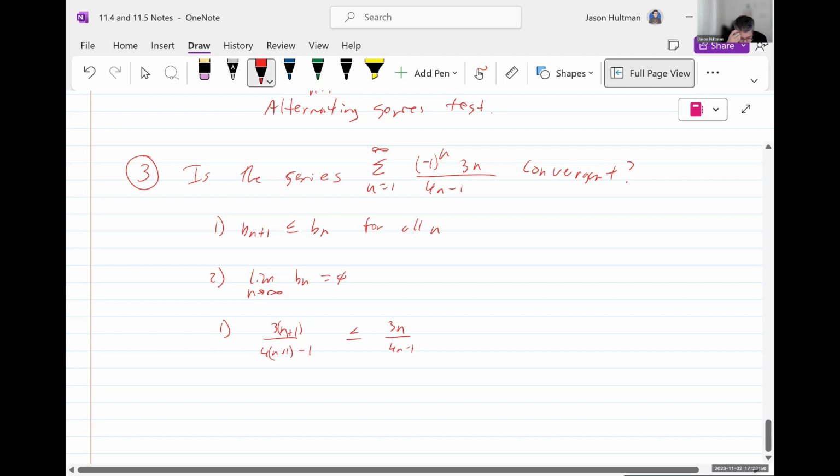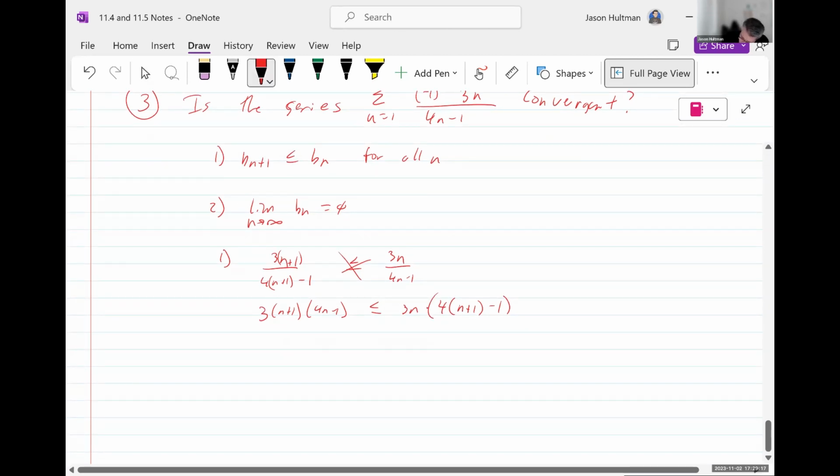Once again, I'm going to use the trick of cross multiplying here. I'm going to get 3 times n plus 1 times 4n minus 1 is less than or equal to 3n times 4 times n plus 1 minus 1.